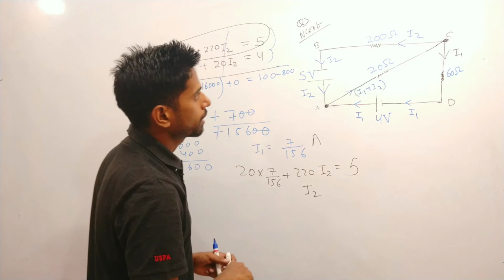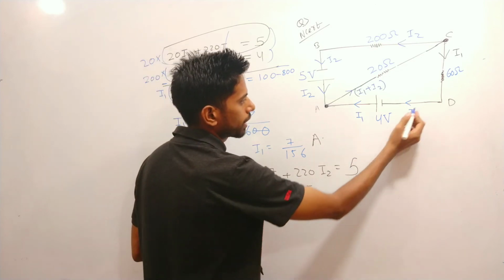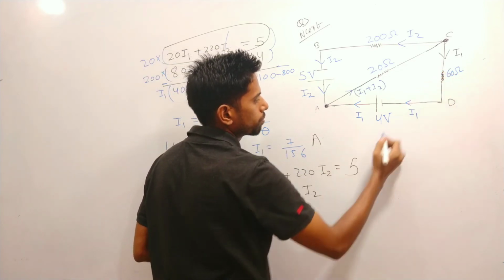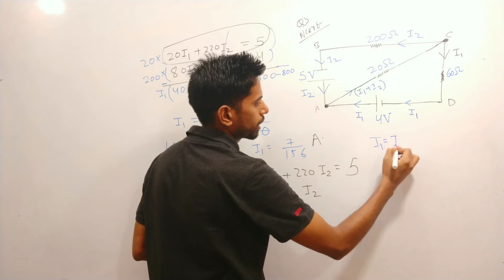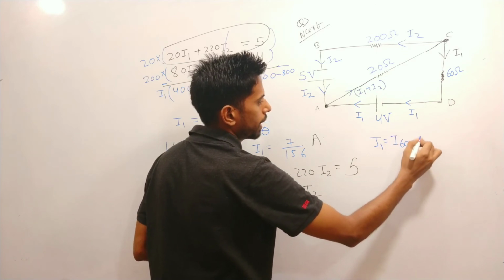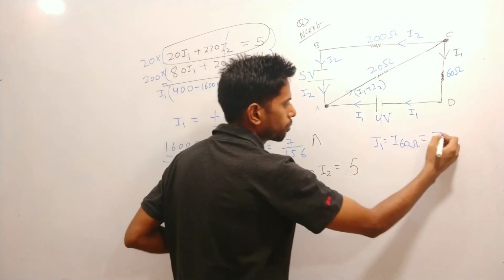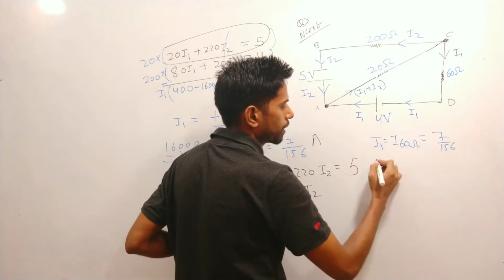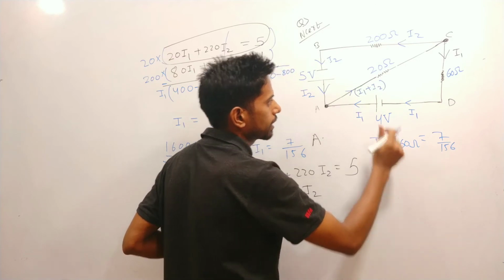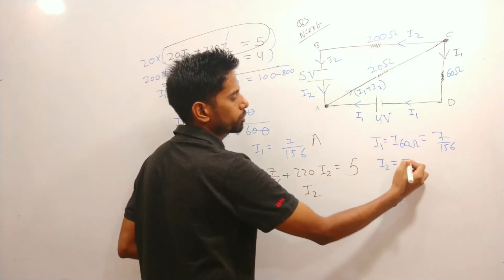So what is I1? I1 is the current across this 60 ohm, and the value is 7 upon 156. I2, you can comment me the answer. I2 is how much? Current across 200 ohm.